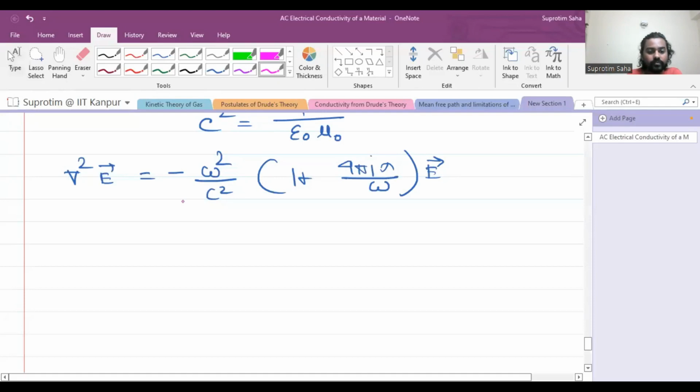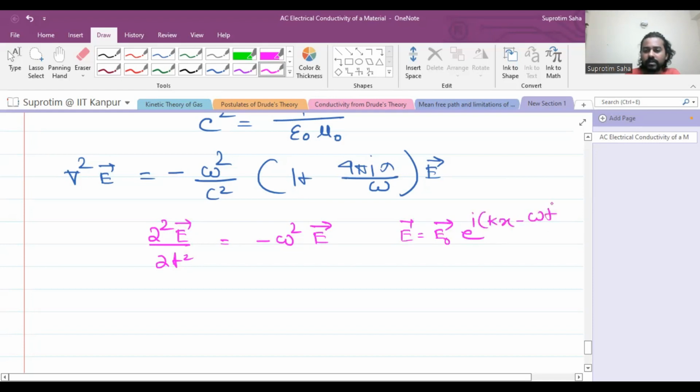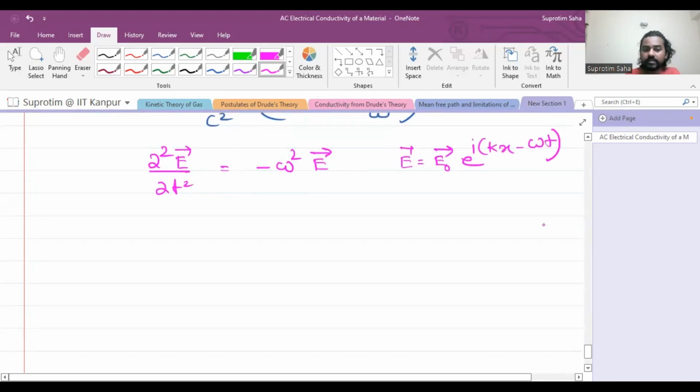Now we've already seen that del squared E by del t squared is given by minus omega squared E vector, because the E vector is E naught vector times e to the power i(kx minus omega t).